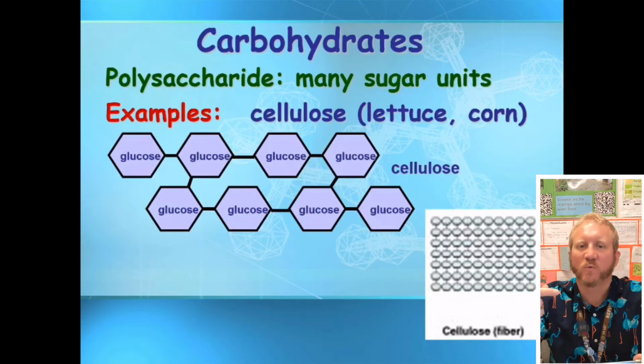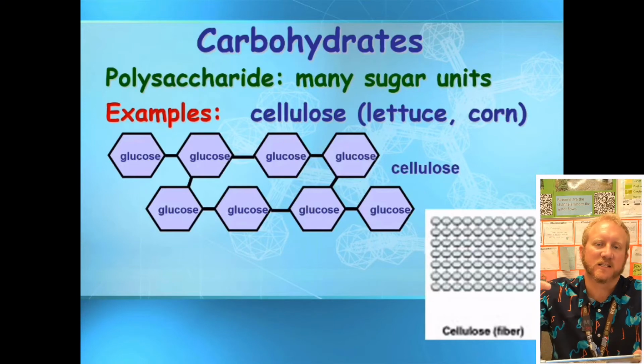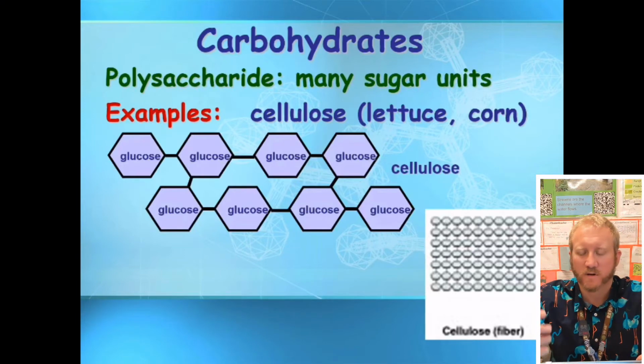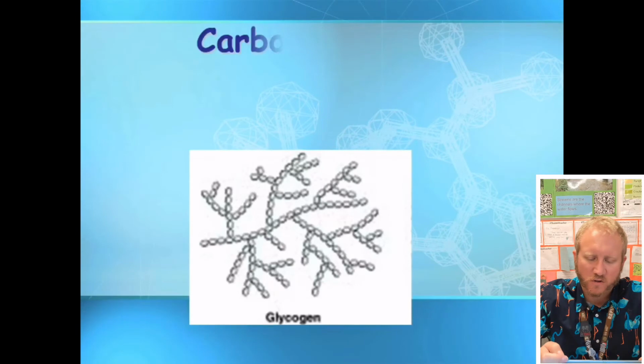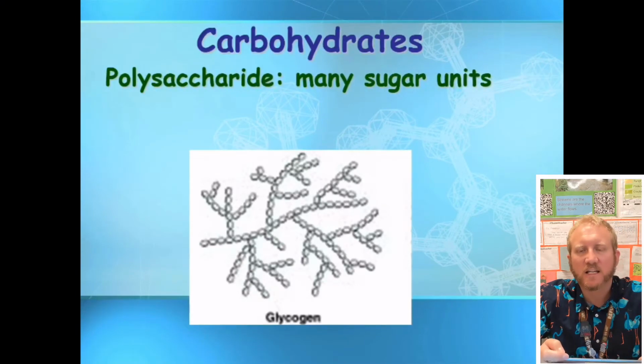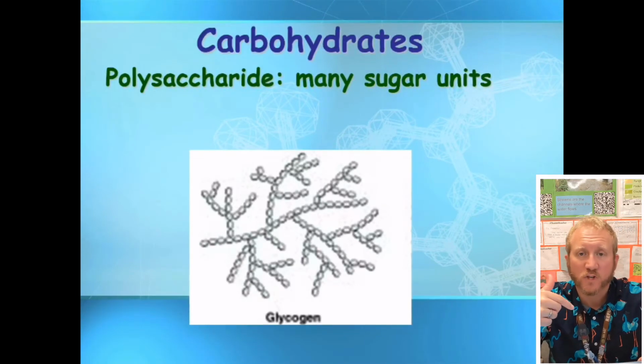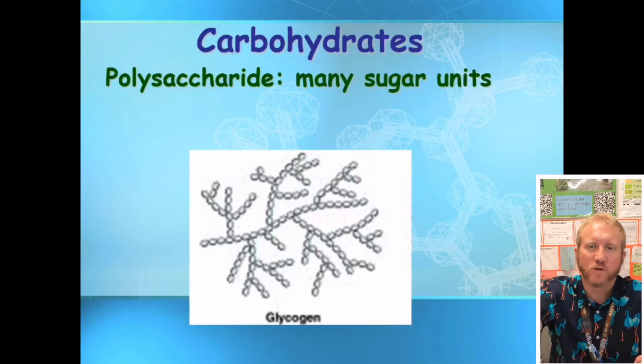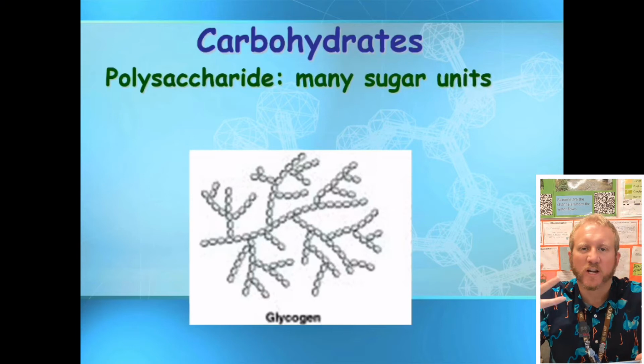They have bacteria within their intestines that does the digesting for them. Same thing with termites. We've also got glycogen. That is what animals use to store glucose for a future date. It kind of looks like a tree or a bush or something like that. And it's really easy to get to those glucoses so your cells can use those.